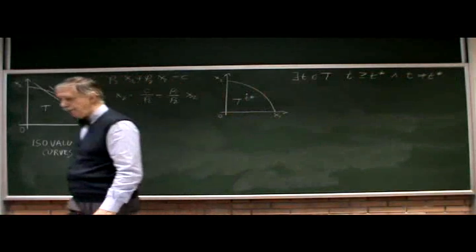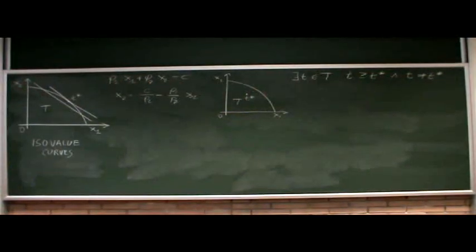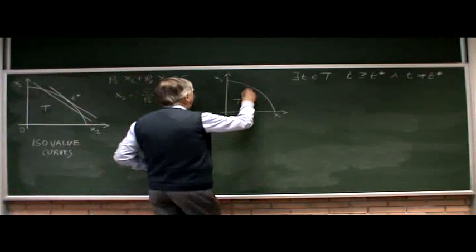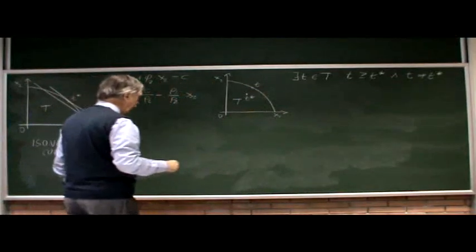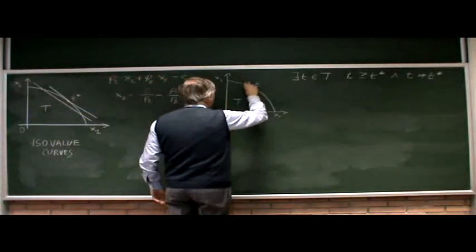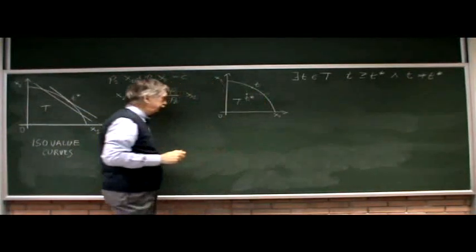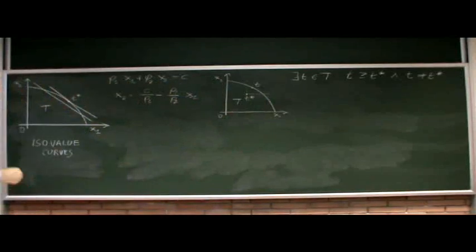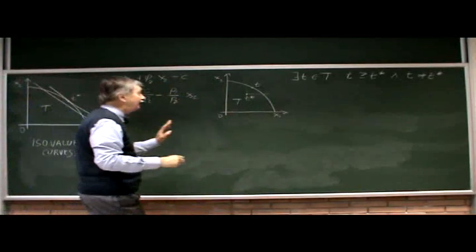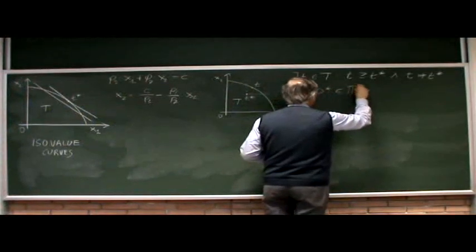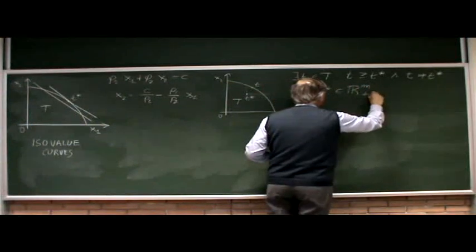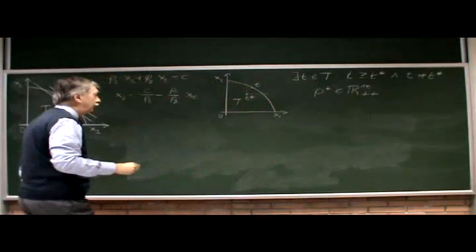And this means simply that T has at least one component greater than T star. For example, a point like this, in this case both components of T are greater than T star. Is it possible? No. If the equilibrium price system has all positive components, this is not possible.